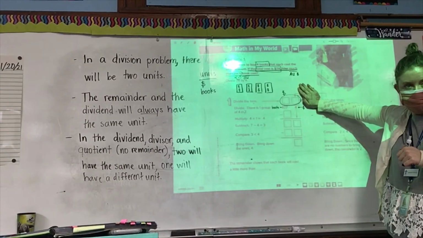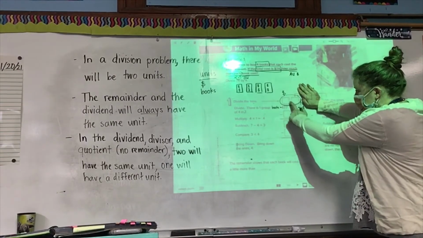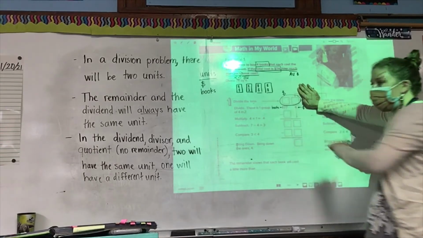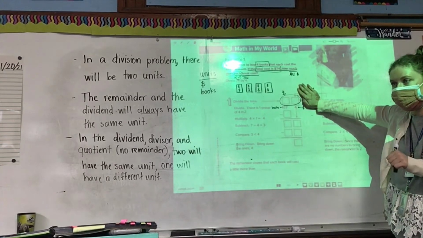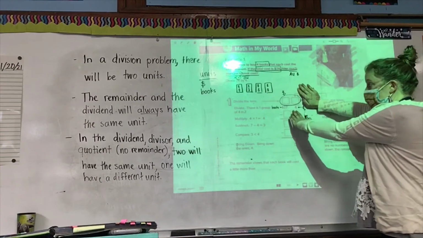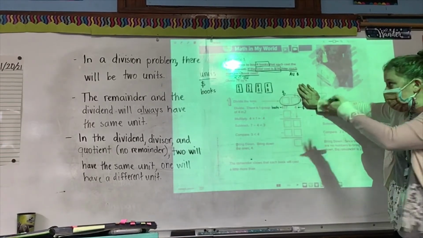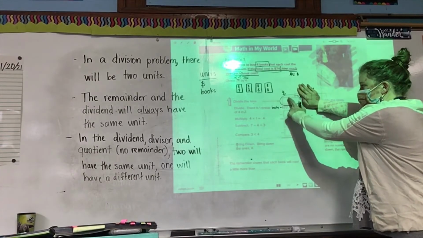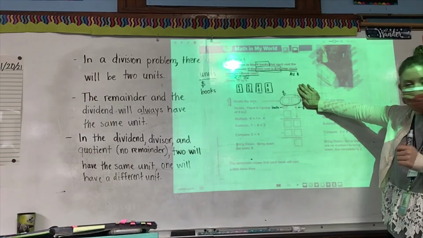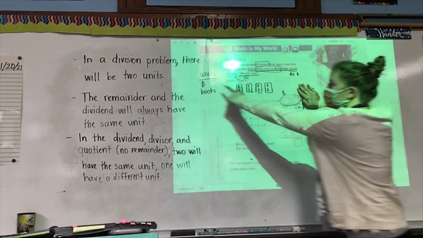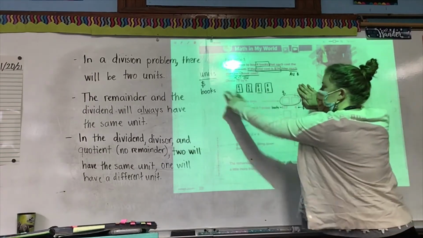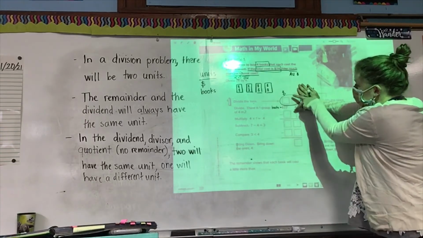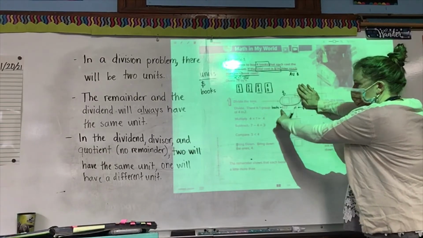Now in this case, the dividend and the quotient have the same unit, and the divisor is different. That's not always the case. But do you see how that last note, you can now see it? There are 3 parts that we're looking at: dividend, divisor, quotient. We're not worried about the remainder. We have 2 money, 1 books.